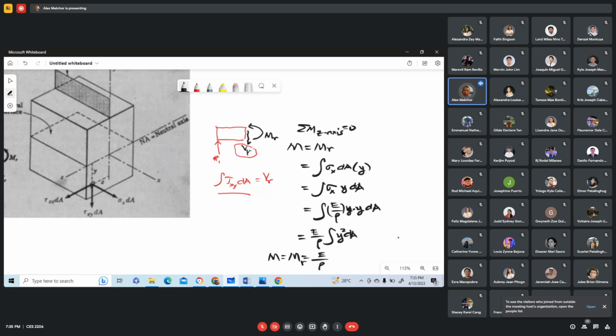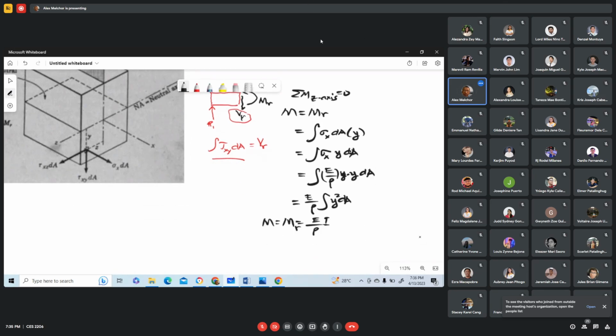So that gives us the moment of inertia I. You see that y here is measured from the neutral axis. So the integral of y squared times differential area is the moment of inertia of this exploratory section with respect to the neutral axis, since the y distance is measured from the neutral axis.